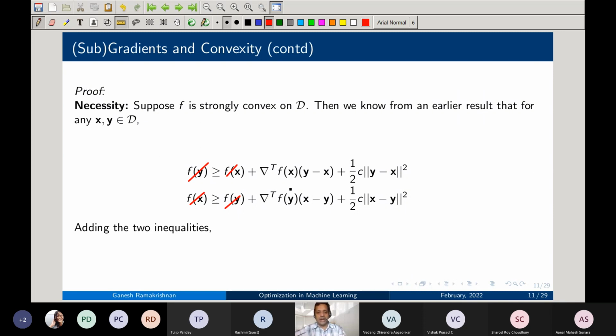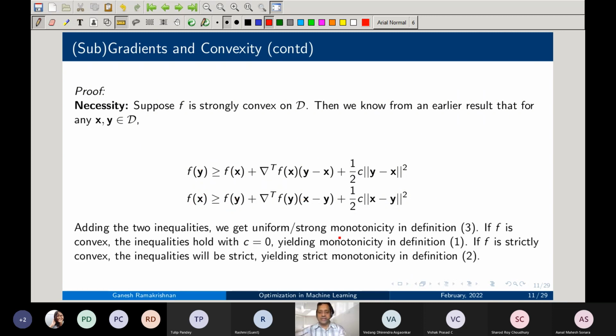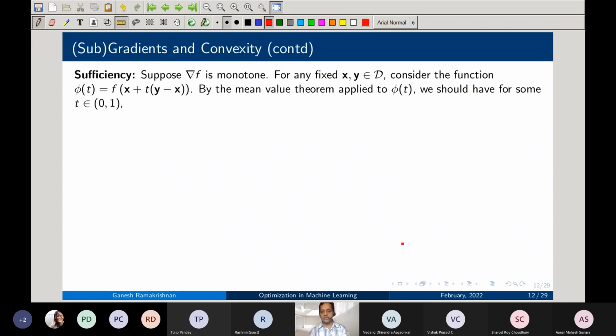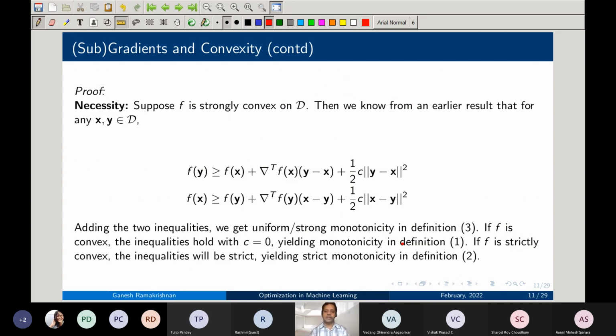And you'll have this difference of the two gradients. If you add them, you get the difference of the two gradients because of the flip in the sign. Here it will be minus y plus x. Then you'll basically get c by 2, and c by 2 plus c by 2 will become just c. So this is very simple.